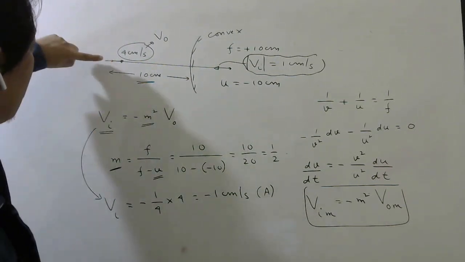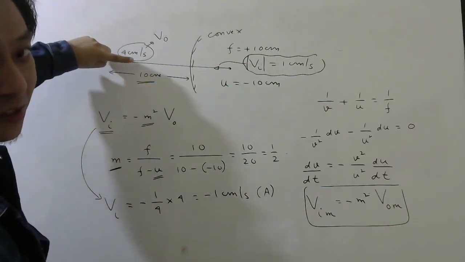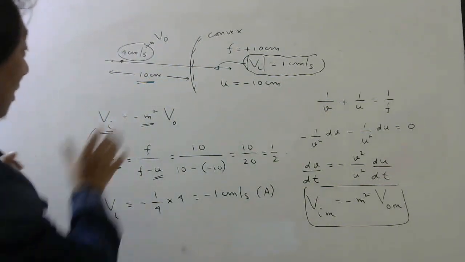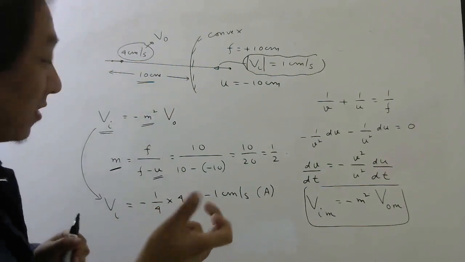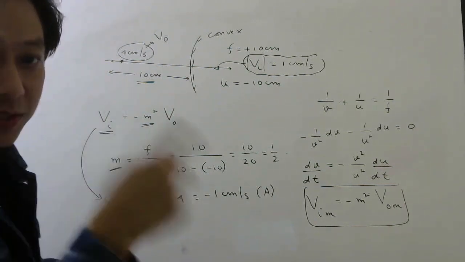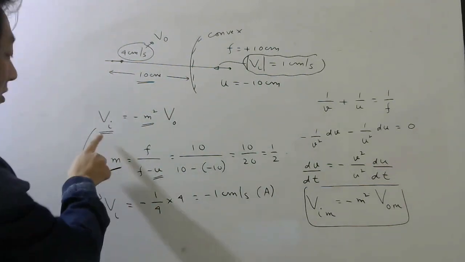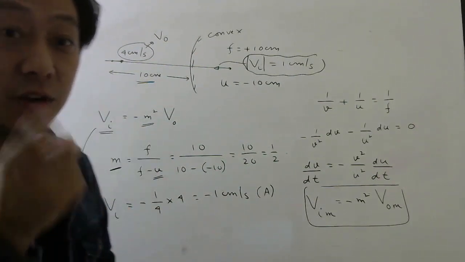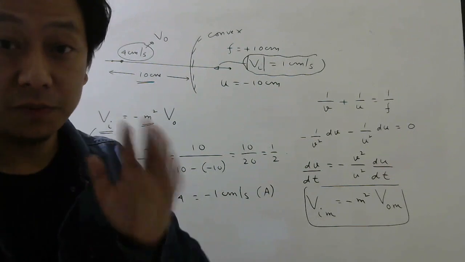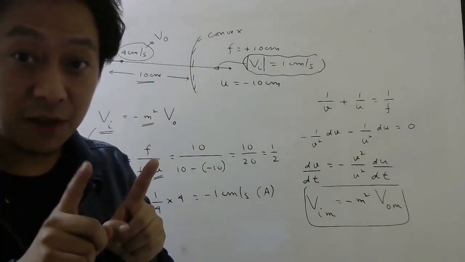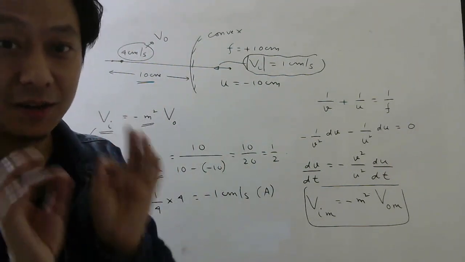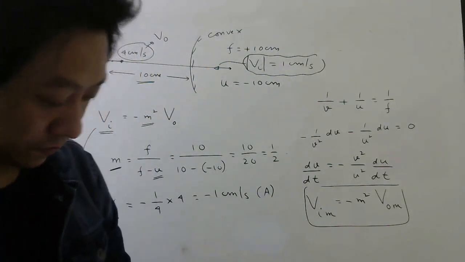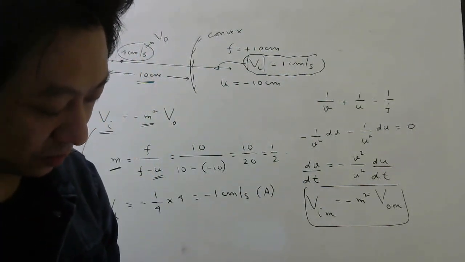Object is moving uniformly, see, 4 centimeter per second, 4 centimeter per second, 4 centimeter per second. But this object distance keeps changing. So magnification will keep changing with time. So image velocity will keep changing with time. So there will be acceleration for image. So even if object is moving uniformly, image will have acceleration. Something very important to remember. Make a note if possible.